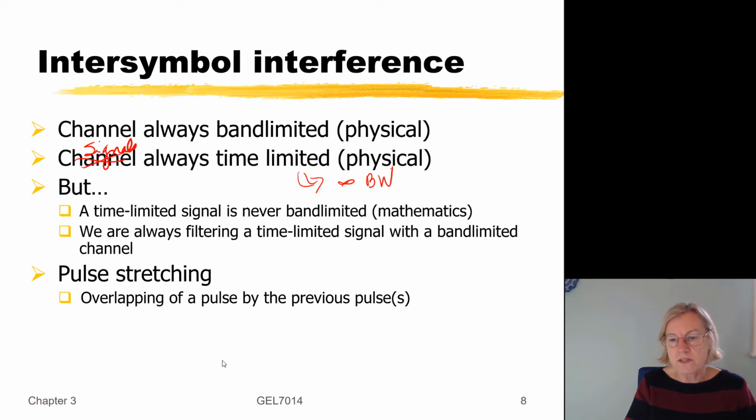The current pulse is going to be overlapped by previous pulses. Again, this is all a matter of degree. If we have an extremely wideband channel, much wider than the bandwidth of the signal, this effect will be negligible. However, if we're trying to send our signal through a very constrained bandwidth, then this is a very real problem.